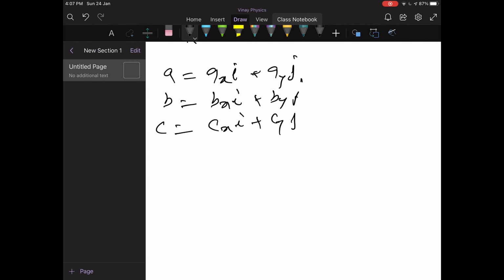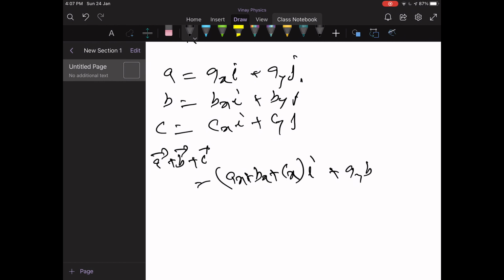And now, in this particular case, if we want to find the sum of these three vectors, A plus B plus C is nothing but (AX plus BX plus CX) i plus (AY plus BY plus CY) j.